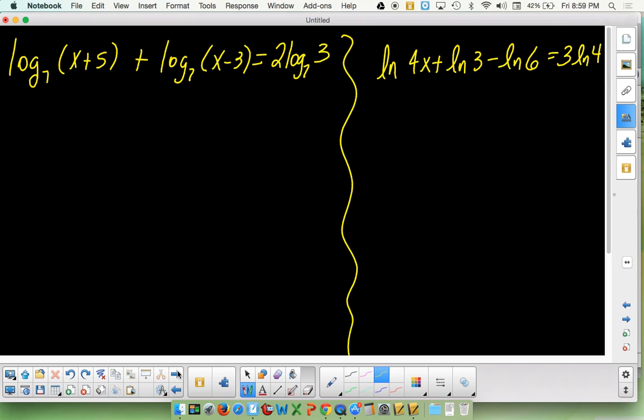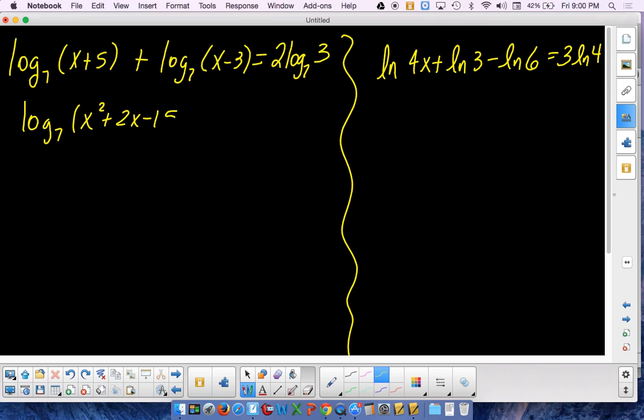You will note that they all have base 7s. I will not be mean to you and give you problems where you have different bases in the same problem. So in this case, what do we do when we have a log plus a log? We actually know that addition in logarithms means multiplication, and so we would FOIL that together.